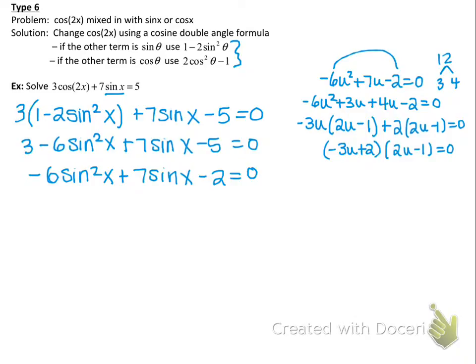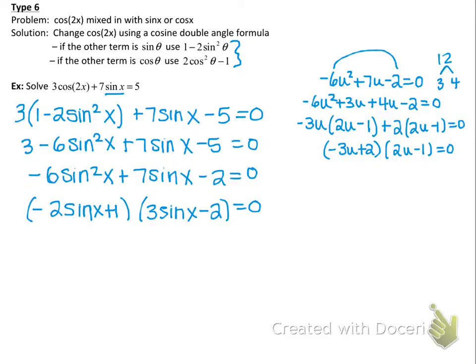So we're going to go back in and substitute in sine for those values. And I get negative 2 sine x plus 1 and 3 sine x minus 2 equal to 0.